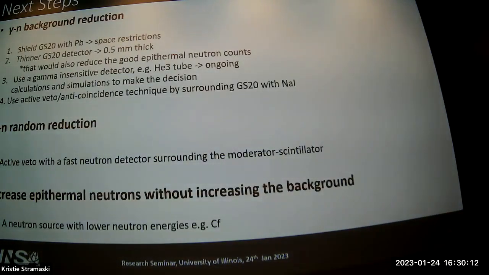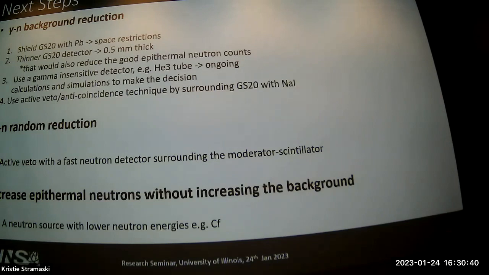So with that, the next step for this particular setup is how do we plan to get rid of the background? This data was taken with 1 centimeter thick GS20 glass, which is quite thick. So we ordered something which was 5 millimeters, half the thickness.